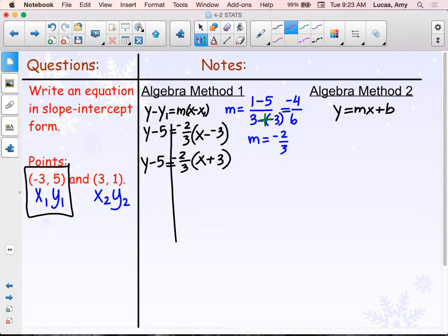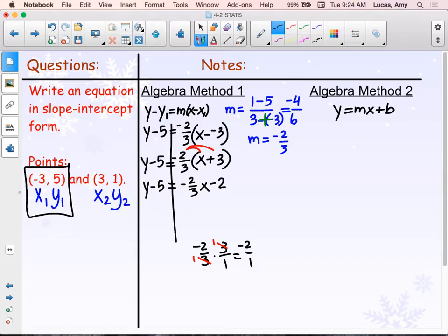Then I need to distribute my slope. Negative 2/3 times x is negative 2/3 x, and negative 2/3 times 3, or 3 over 1, I can cross cancel my 3's, multiply straight across, I get negative 2 over 1, or negative 2.